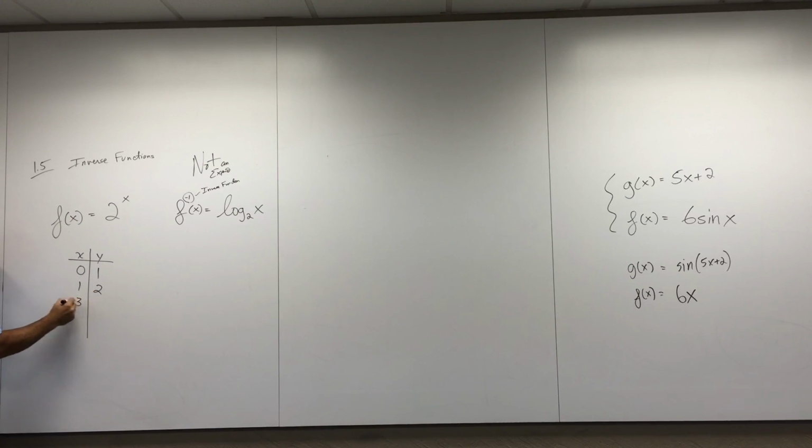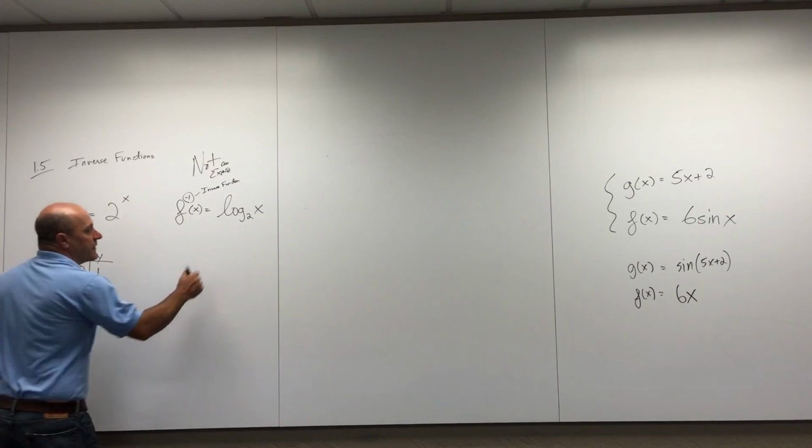Plug in a 3. 2 cubed is 8. Okay. So I have my inputs and my outputs, right? The whole set of these numbers is the domain. The whole set of these numbers is the range. But individual members are inputs and outputs, or x's and y's.